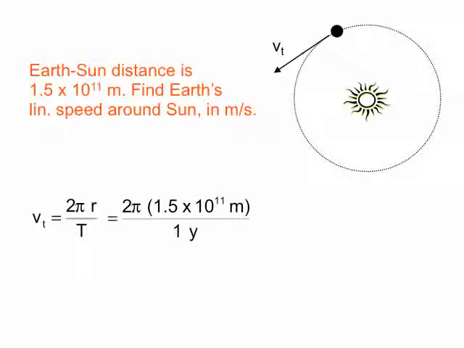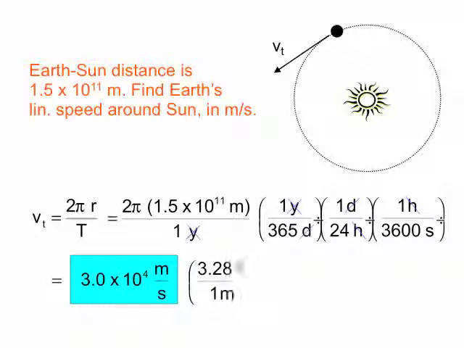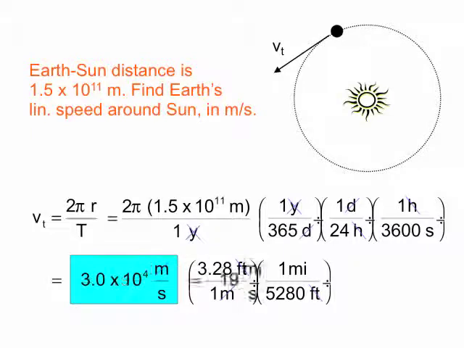Period is a year. Okay? Make our conversions to seconds. And we get about 30,000 meters per second. Which, if I do a conversion for miles, is 19 miles a second. That's pretty fast.